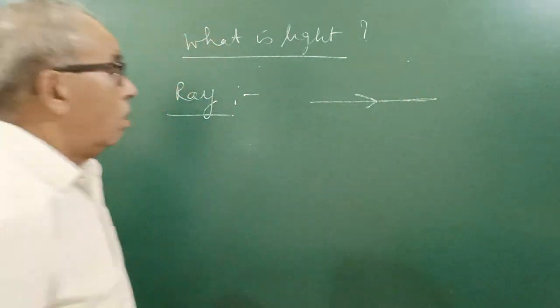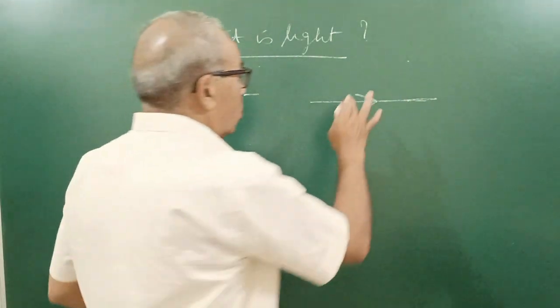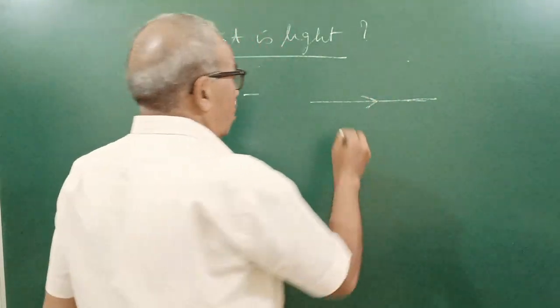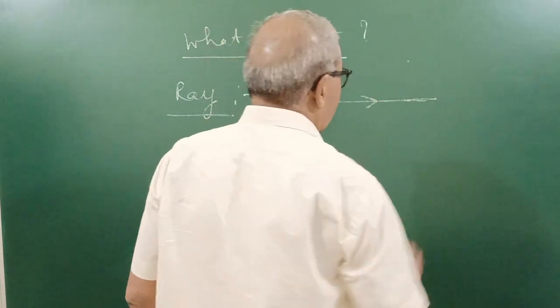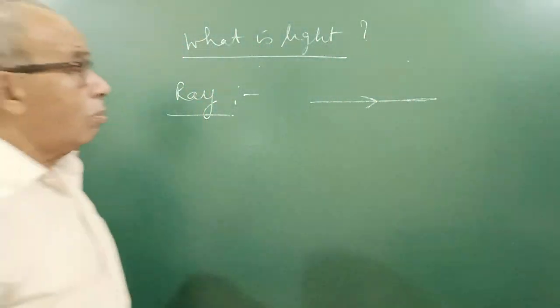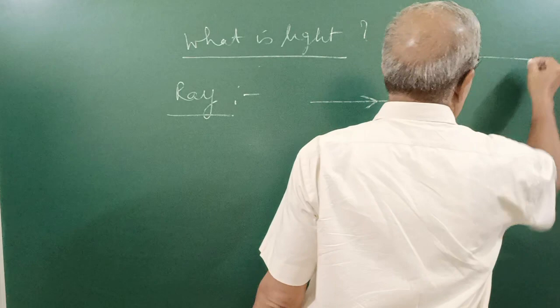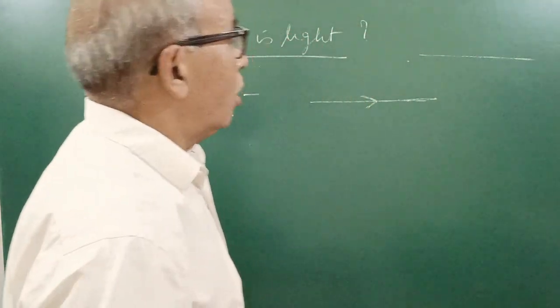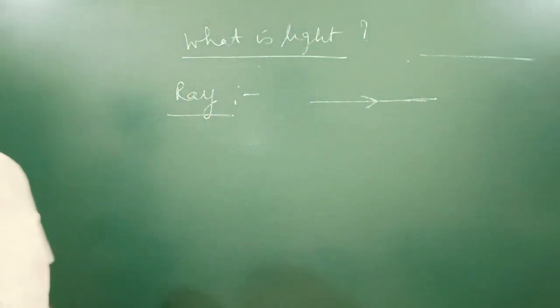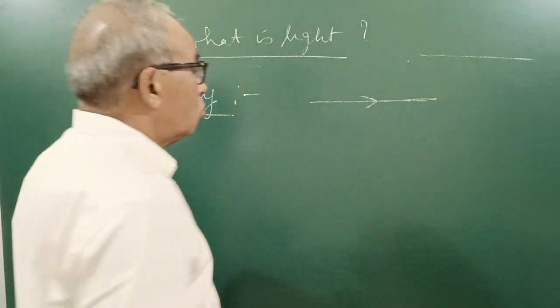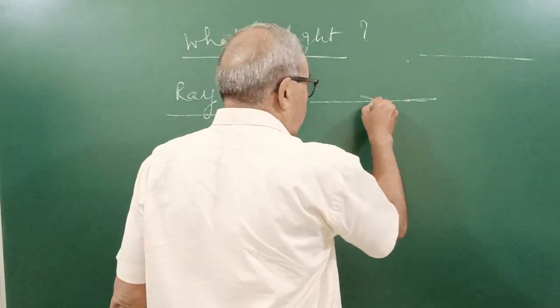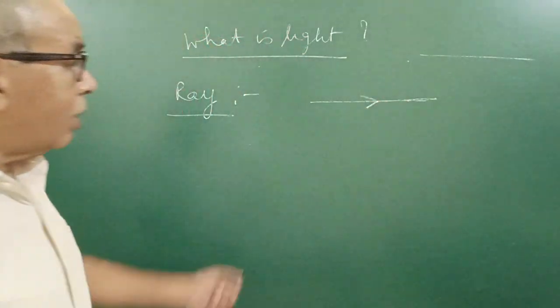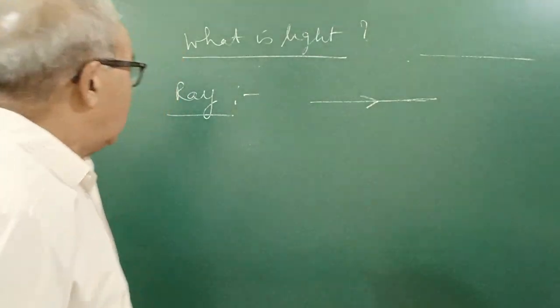The line with an arrow represents the path followed and the direction also. If we draw the line and don't put the arrow, we don't understand which direction the light is going. So to show the direction of propagation we put the arrow. This is a ray of light.